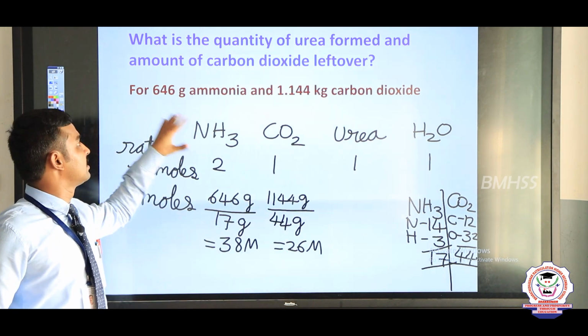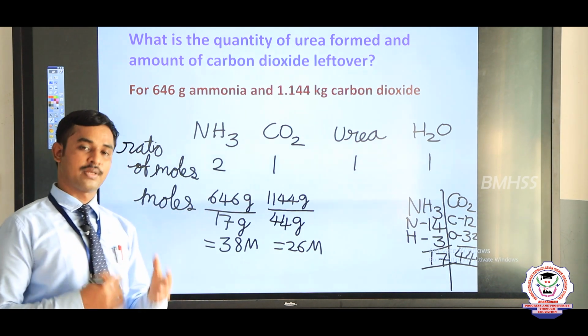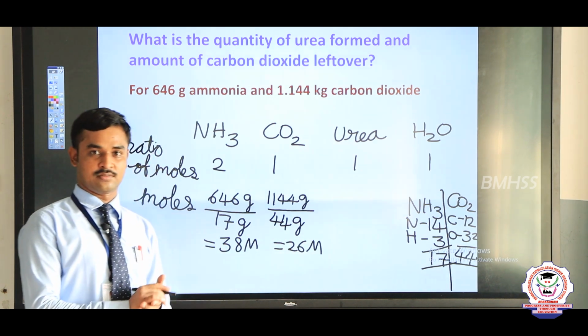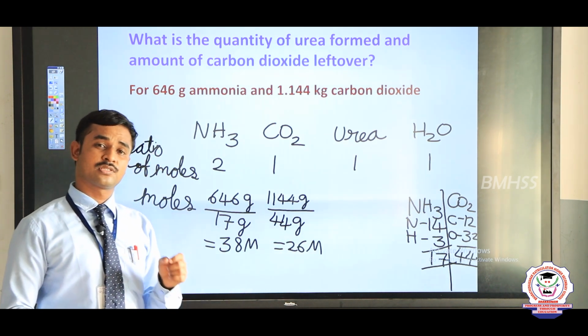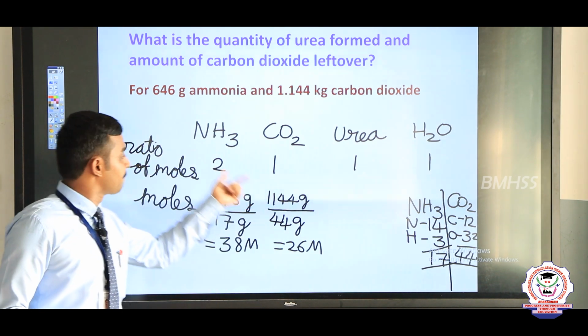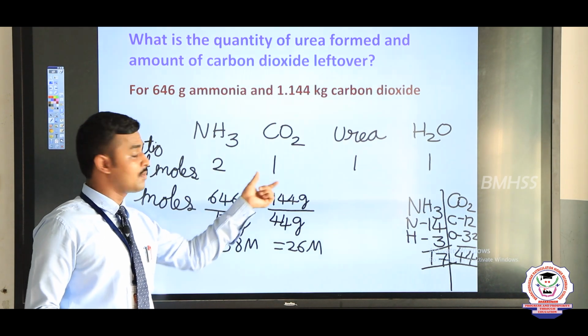In this question they give the molar mass and given mass of the compounds. From this we can find how many moles of reactants are taken in this reaction. But how many moles are fully consumed in this reaction? Let us see this point. In this equation 2 moles of ammonia are taken for 1 mole of carbon dioxide.